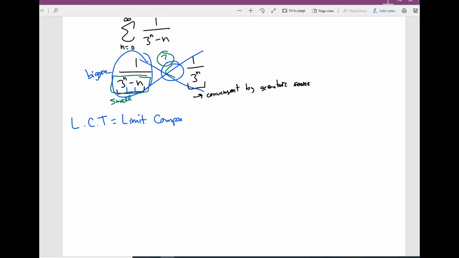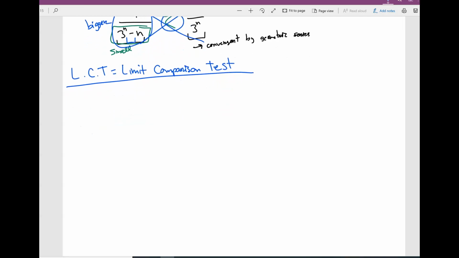Limit comparison test. Okay, so this is what the limit comparison test says. Suppose that the sum of a sub n and the sum of b sub n are series with positive terms.